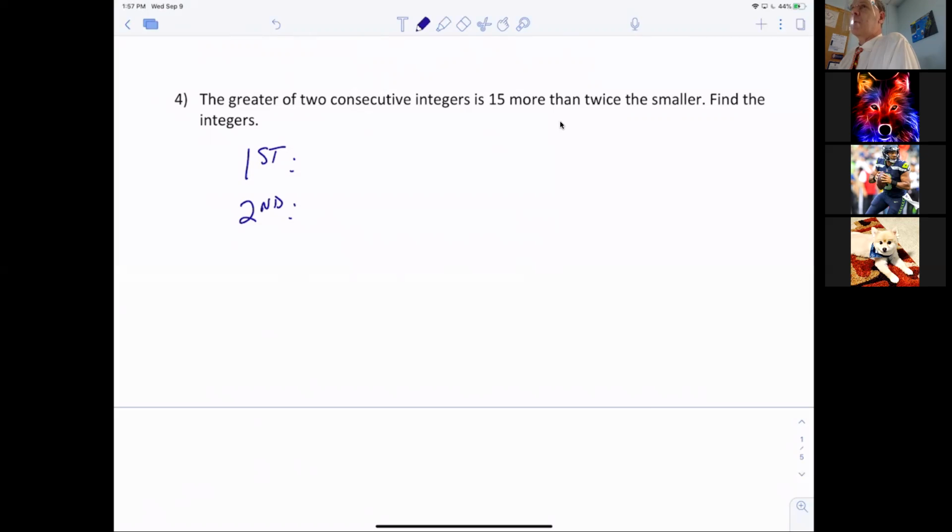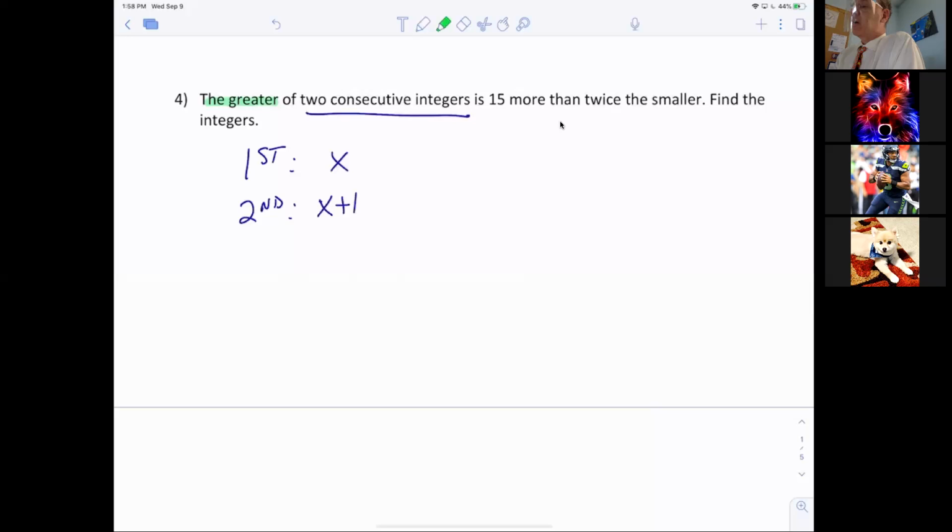So what's the first number going to be called? X. What's the next number? Two consecutive integers. X and X plus 1. Now, the reason why we're talking about that is because, again, this is kind of tricky.